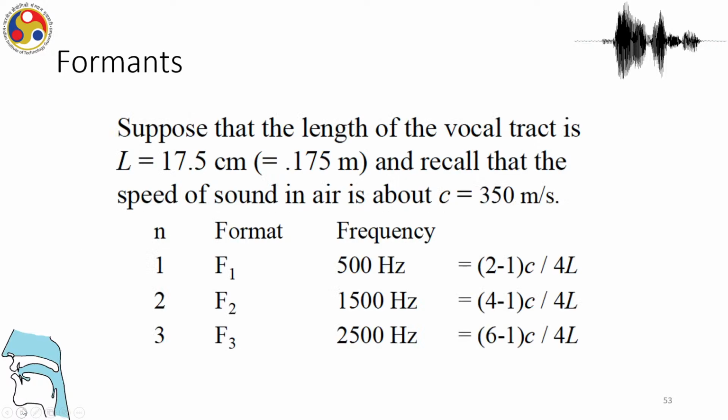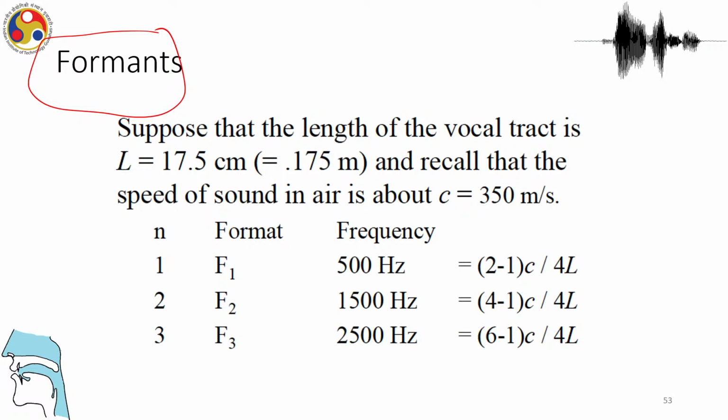When we are studying acoustic phonetics, we have to understand what formants are. Formants are regions of energy which are accentuated because of certain frequencies inside our vocal tract. Those energy regions are accentuated because of the resonance inside the vocal tract.